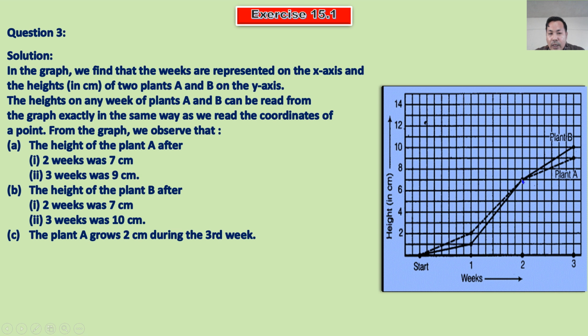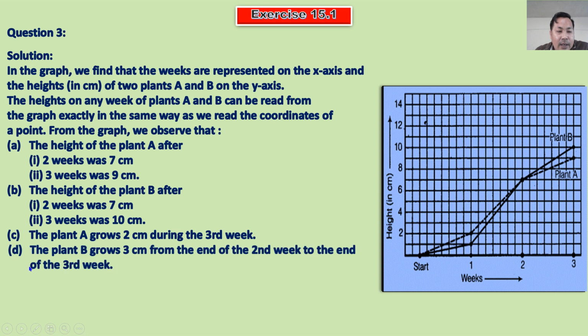We are not going to see 10 minus 7, which is 3, because 7 is not to be included. So we count 9 and 10. That means 2 centimeters is the growth of plant A during the second to third week. Okay, clear?